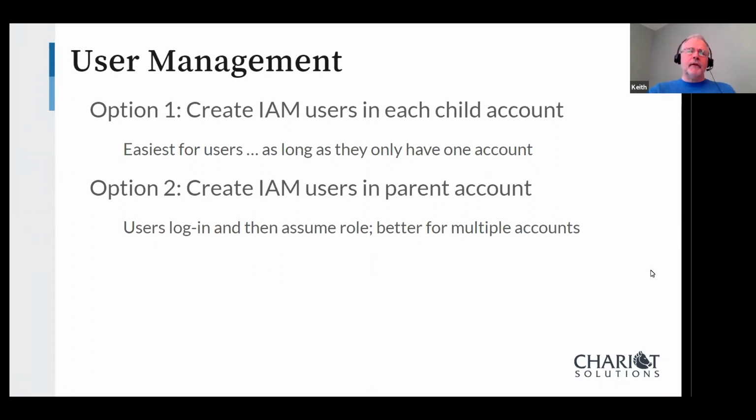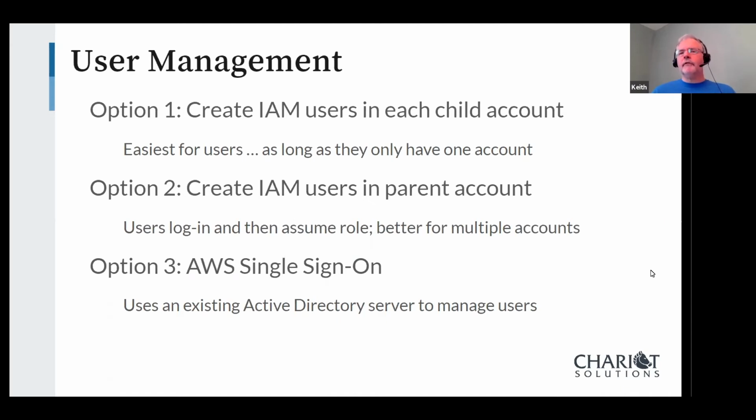The third option is probably more applicable to a larger organization, and that's AWS single sign-on. And single sign-on uses an existing Active Directory server to manage your users. And it also allows you to create a server inside of itself. But this works really well if you're in an organization that already uses Active Directory for credential management, because now people can just log into the single sign-on portal using their normal user credentials and then pick an account that they want to switch into.